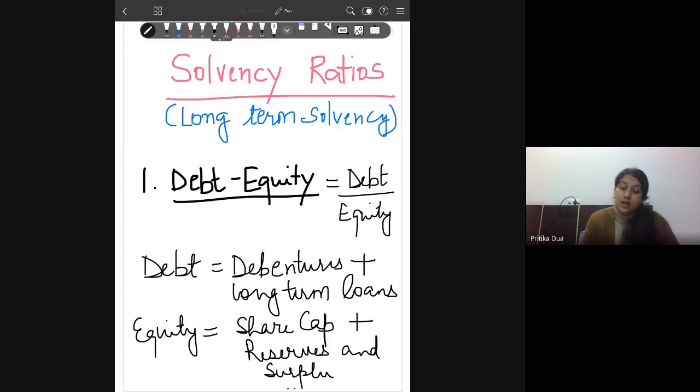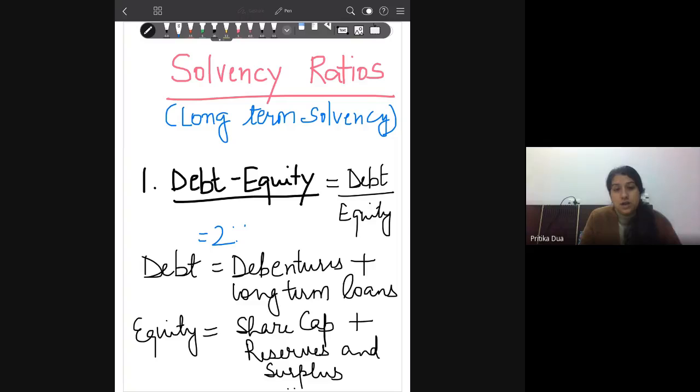Now, ideally, this ratio should be 2:1. This is considered to be the ideal ratio, that debt is double your equity.